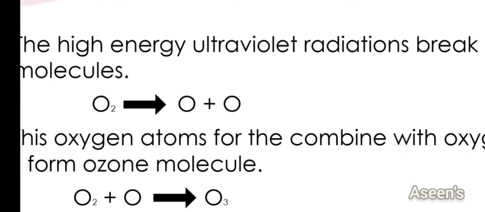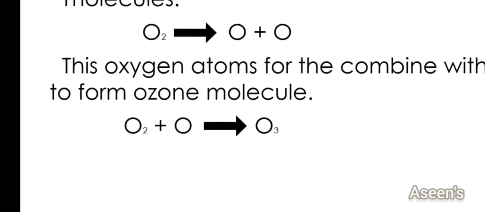Now one of these nascent oxygens will combine with another gaseous oxygen molecule, the oxygen which we breathe, and together they combine to give you ozone. So this is how ozone is formed.